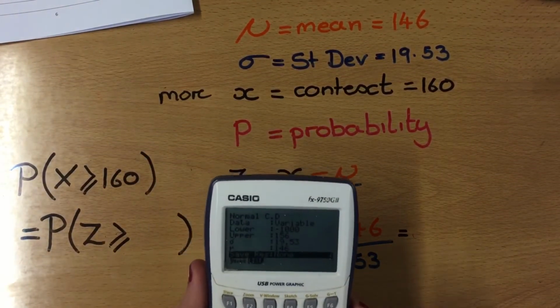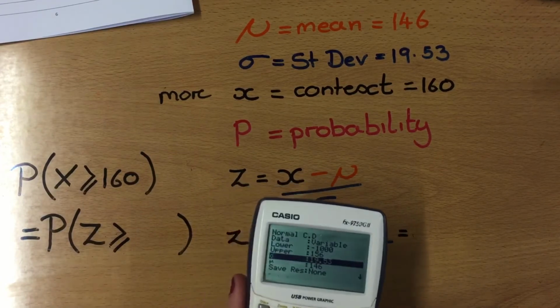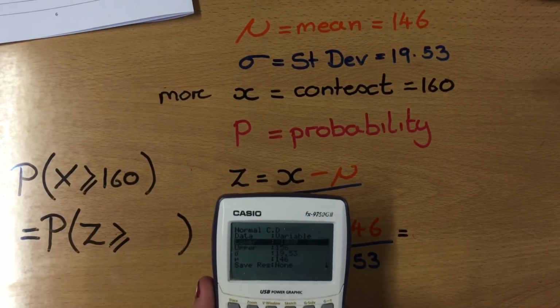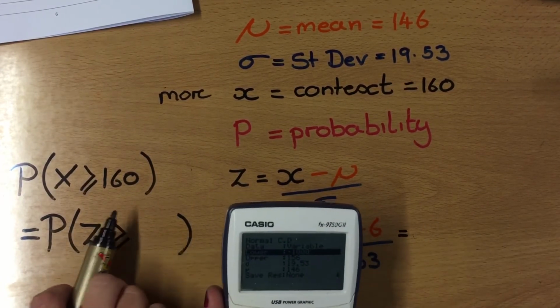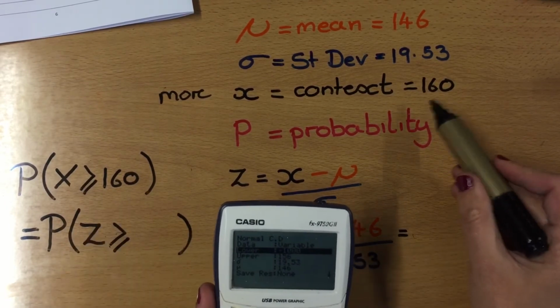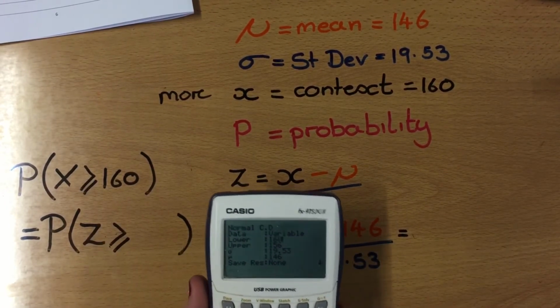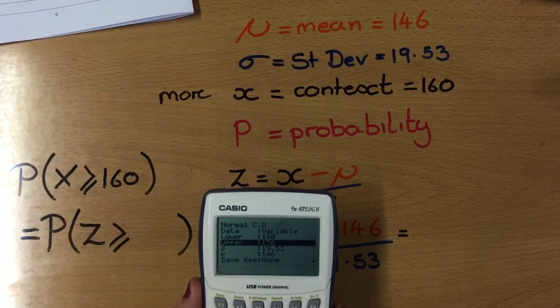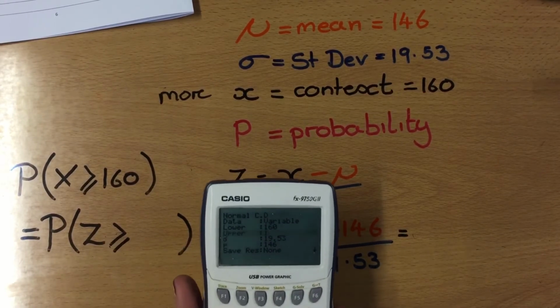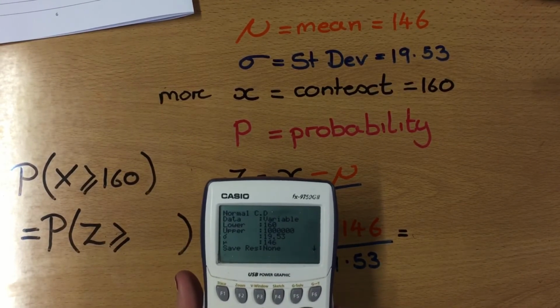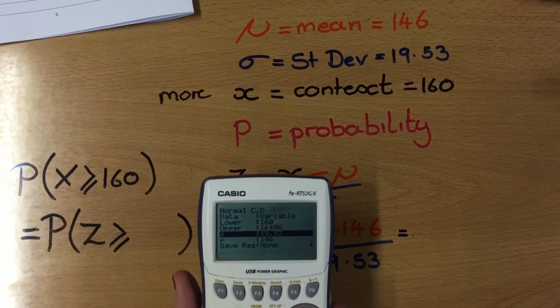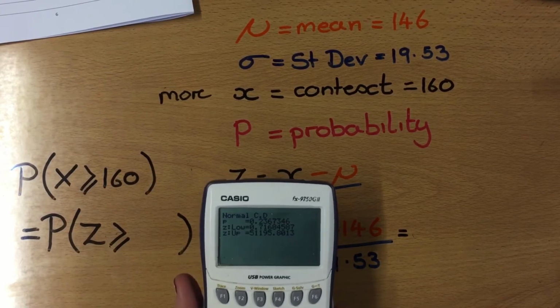So we now have a lower bound because we want more than this, and we don't have an upper bound because we are allowed giant fat babies. And then the mean and standard deviation is the same.